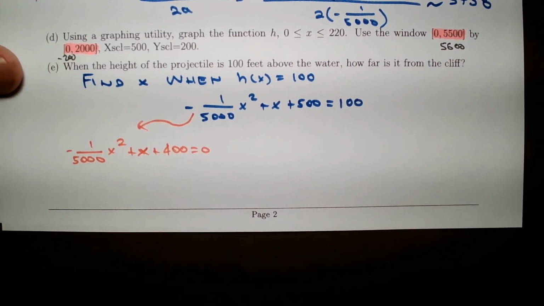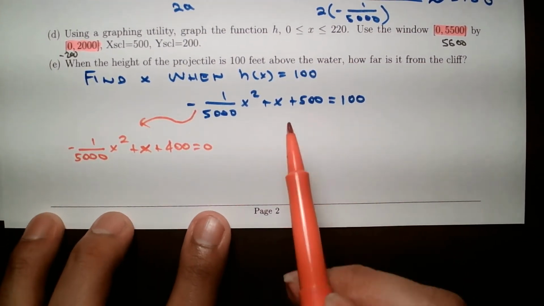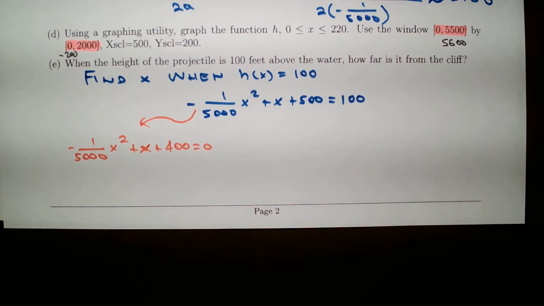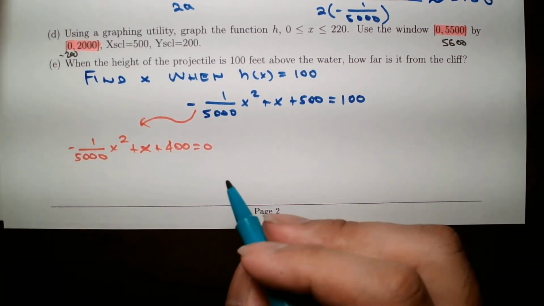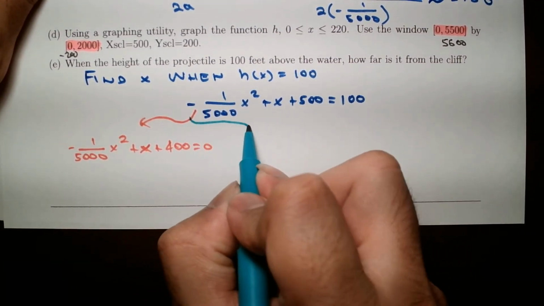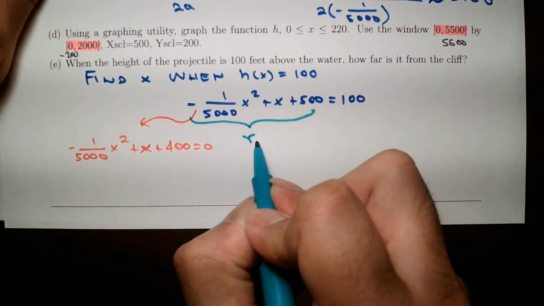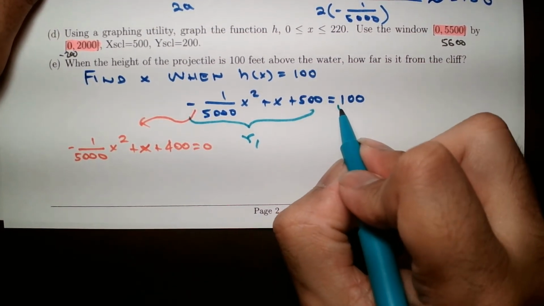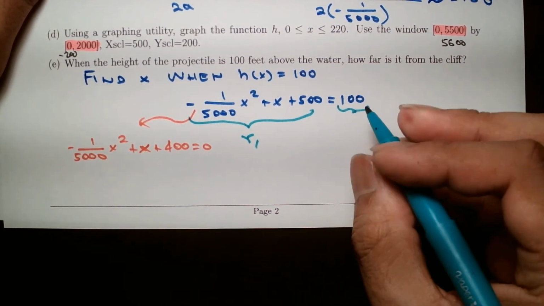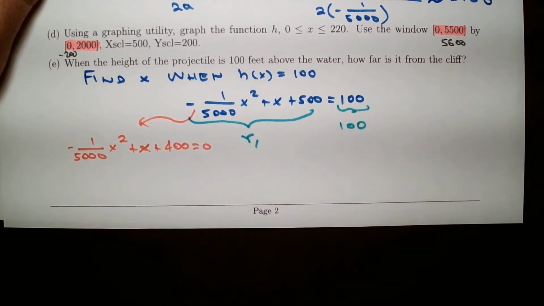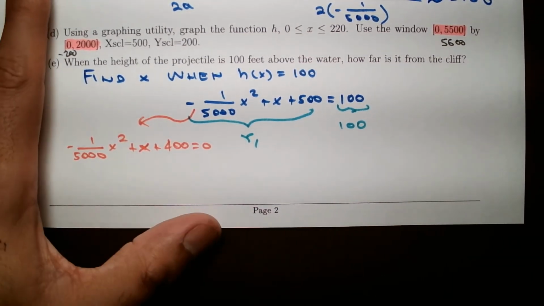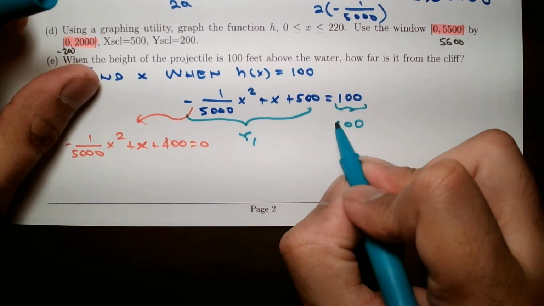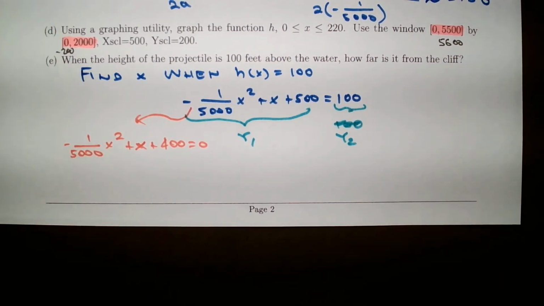However, I'm going to do something else instead. I'm going to show you how to get this using the graphing calculator. What I would like to do in this case is set the whole left hand side as our y1 and the right hand side, let that be y2.